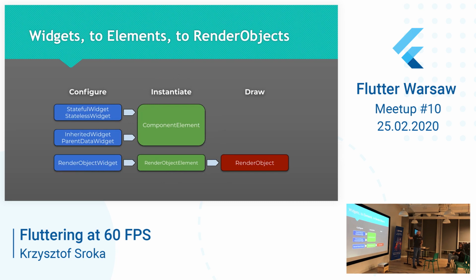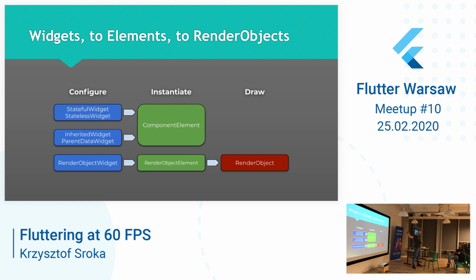So there are basically three categories of widgets. On the left-hand side, you can see the blue objects. These are stateful and stateless widgets, which is what we use the most in our day-to-day work. There are also inherited widgets and parent data widgets, lesser known and lesser used widgets, although if you use provider, you use them.